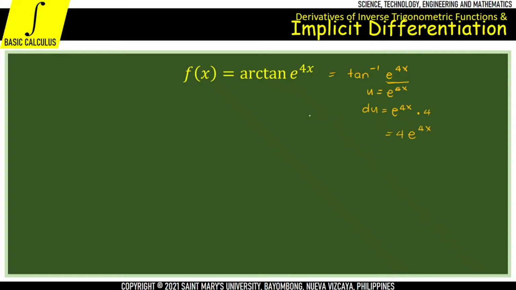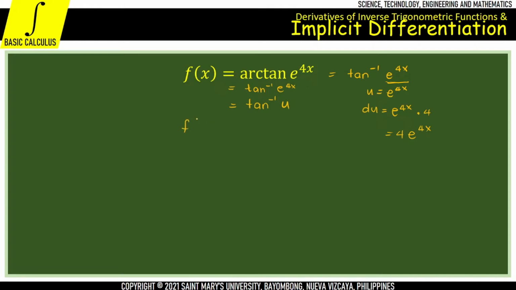Therefore, given our function, arc tangent of e raised to 4x, that is also equivalent to the inverse tangent of u. Again, this expression is equal to the inverse tangent of e raised to 4x. Let u be equal to e raised to 4x.